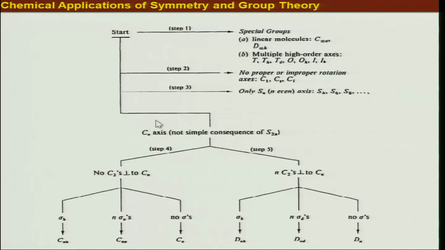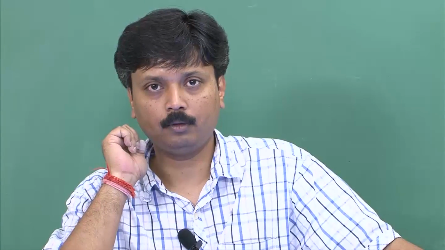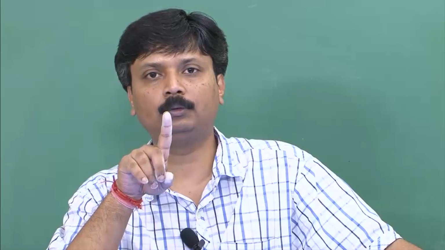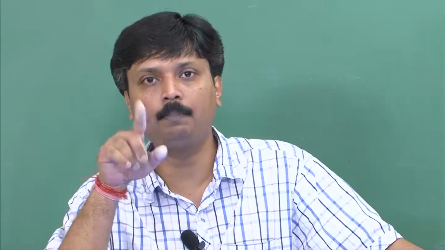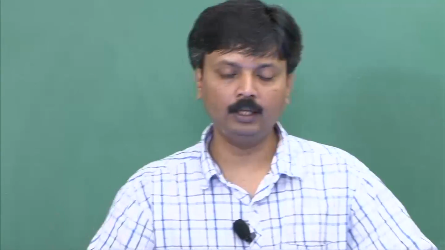So when I go to the next step, I ask, do I have only one principal axis of symmetry, Cn, and I should ask, is that Cn a consequence of an even order Sn? If the answer is no, then I proceed further. That means I have one proper axis of symmetry, and that proper axis is unique. I do not have multiple proper axes of symmetry, and this Cn is not a consequence of an even order improper axis of symmetry.